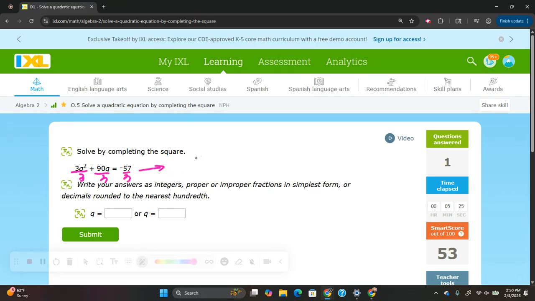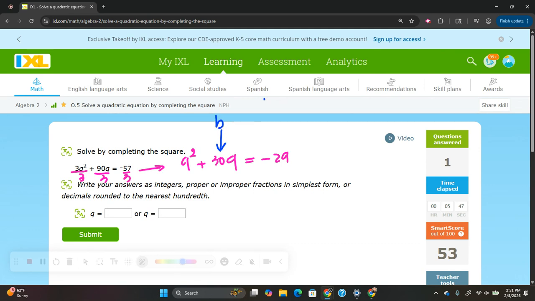So now I come down, q squared, 90 divided by 3 becomes 30. And then negative 57 divided by 3 comes out negative 29. Now you guys see that? So now I'm ready to identify the b, which is number 30. This is the b.